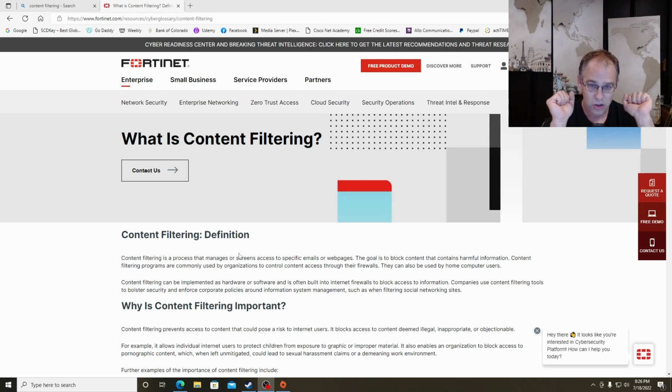Now, you have 2 types of filtering, right? You have, well, 2 basic types. One is at the gateway level. So you have a device on your network that blocks content or filters.